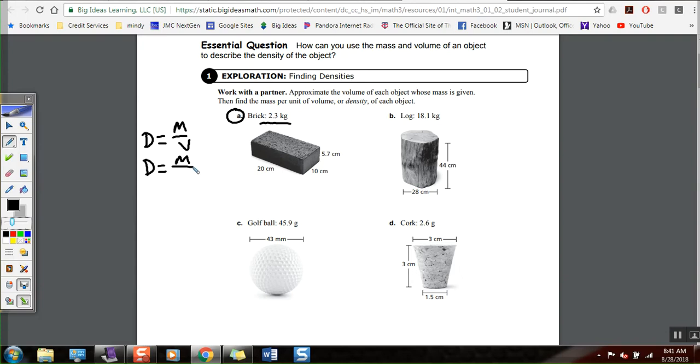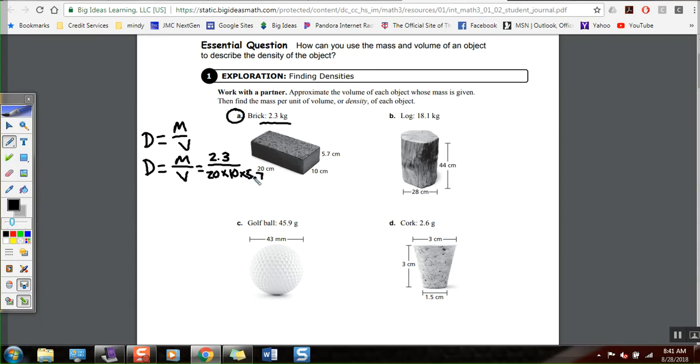The volume is just simply going to be 20 times 10 times 5.7. Are we writing this down, right? Well, you don't have to write this down. Okay. No, don't worry about this. Okay. So what's the mass again, kids? 2.3 kilograms. And then your volume would be 20 centimeters by 10 centimeters by 5.7 centimeters.